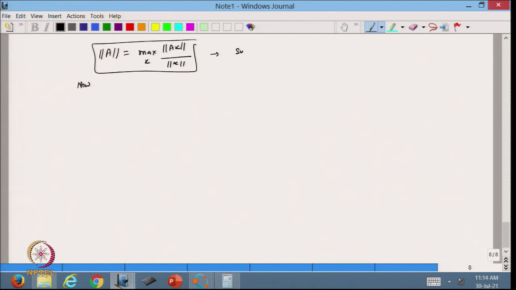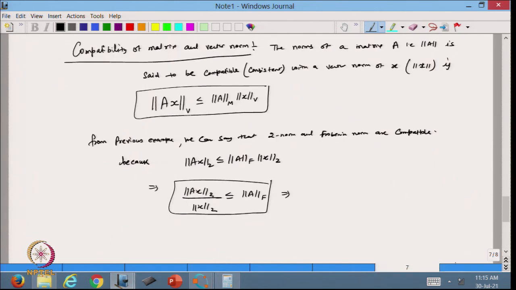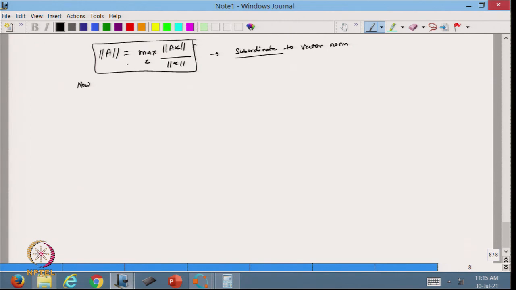This norm is called the subordinate norm, and it is coming from the vector norms. So this is subordinate to the vector norm. I have taken the idea from here and then we define a new norm that is represented by this one.